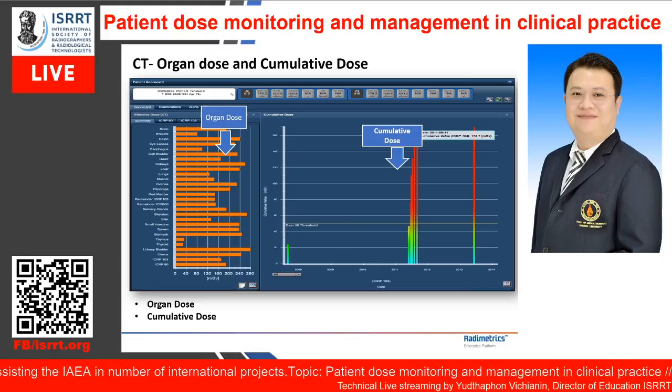But normally the patients that get a dose of more than 100 millisievert are mainly cancer patients, then I can't say it doesn't matter. I say, how do we optimize? Sometimes justification is there because the patient needs diagnostic information for the treatment, right? So cumulative dose is important.